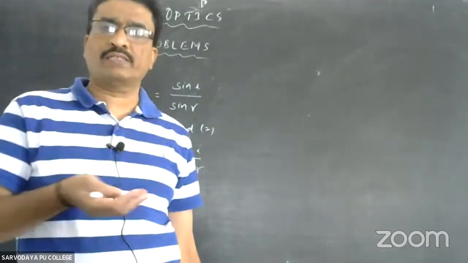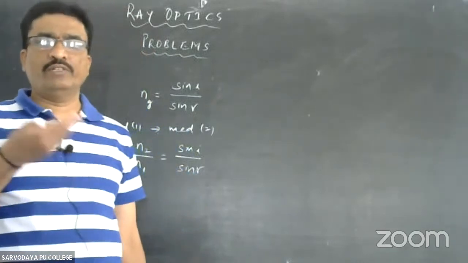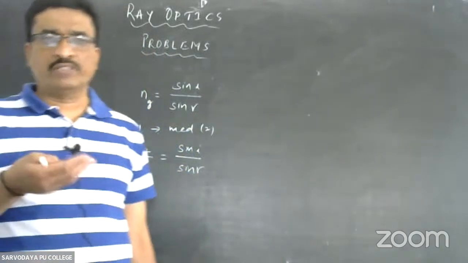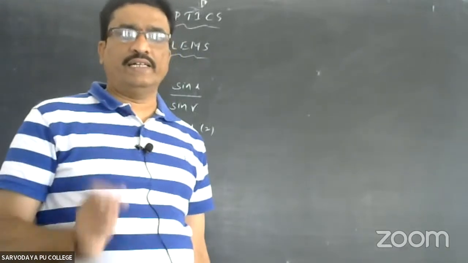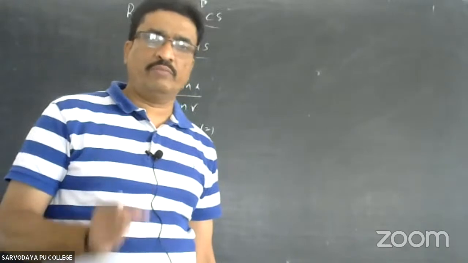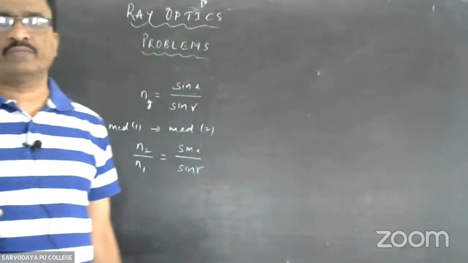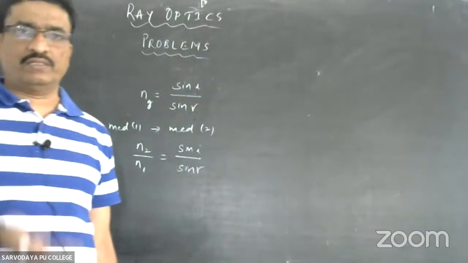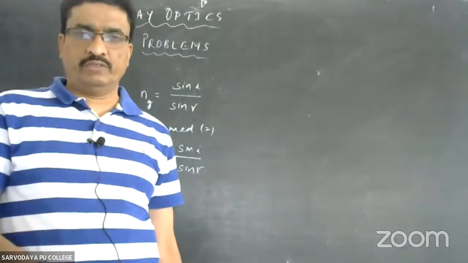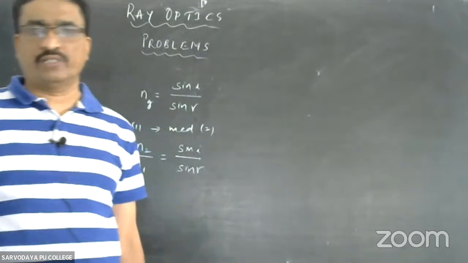Especially it will be taking place along the normal, and therefore we use the name normal shift, but it is only an apparent shift. Also, if the object is in a denser medium and the observer is in a rarer medium, the shift will be toward the observer. That means the object appears to be raised.